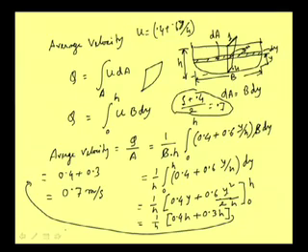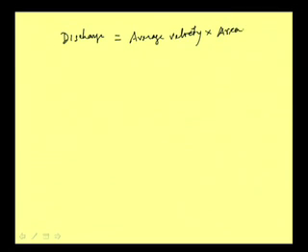Well, after knowing the average velocity, we can find out the discharge. The discharge is equal to the average velocity multiplied by the sectional area.